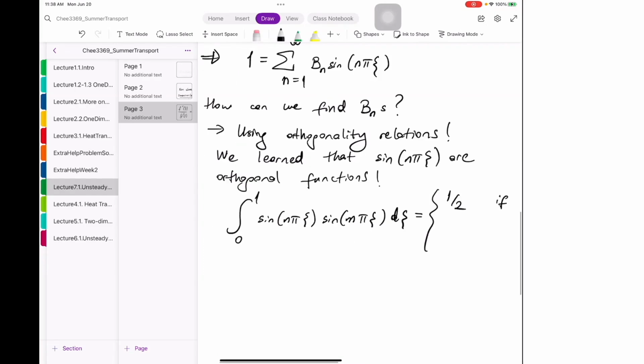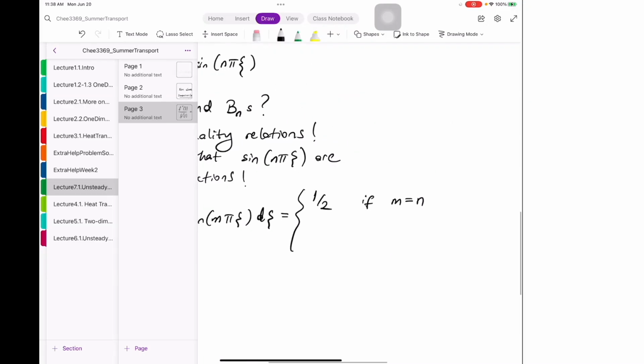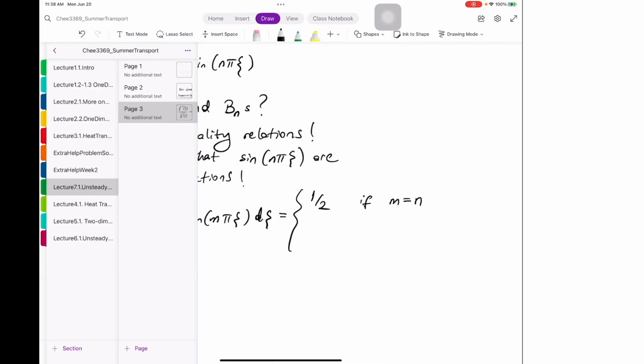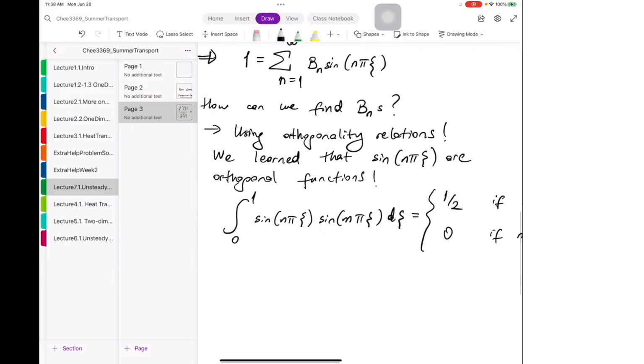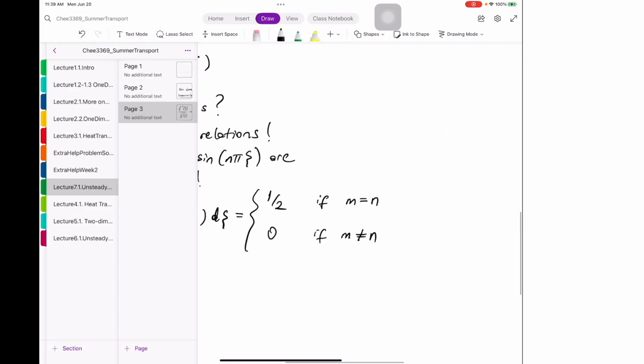You can do this integral and see by yourself that when m equals n, you get 1/2, and you get 0 if m is not equal to n. This is for m and n positive integers.